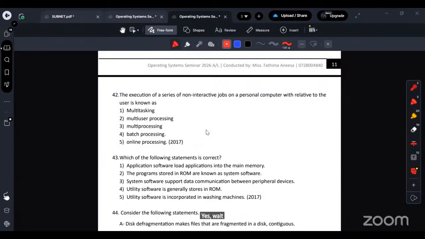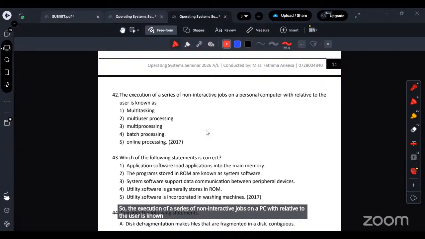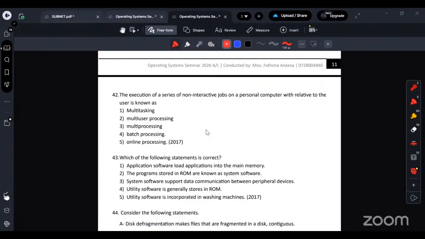So the execution of a series of non-interactive jobs on a PC with relative to the user is known as, what is the answer? Non-interactive jobs on a PC. Okay, we'll go with the first option.